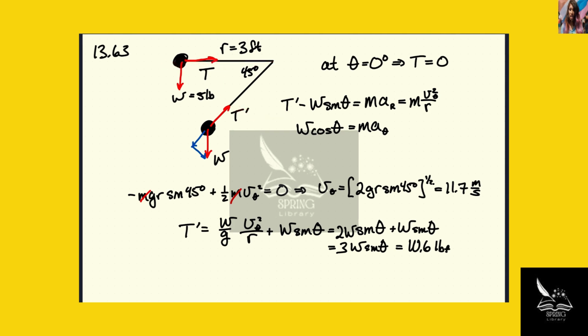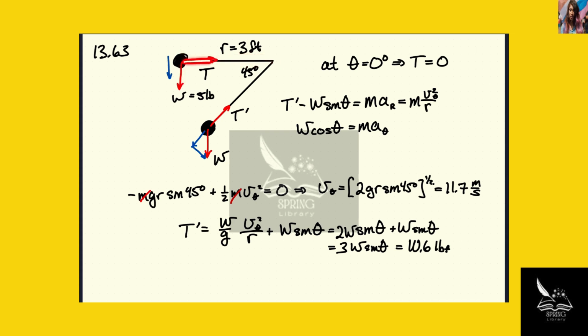So we're asked, when theta equals 0, what is the tension in the cable, in the cord? Well, we draw a free body diagram of the bob in that position, and we can see that we have the weight here, and we have acceleration in the vertical direction, because remember the acceleration always has to be tangent to the cord.